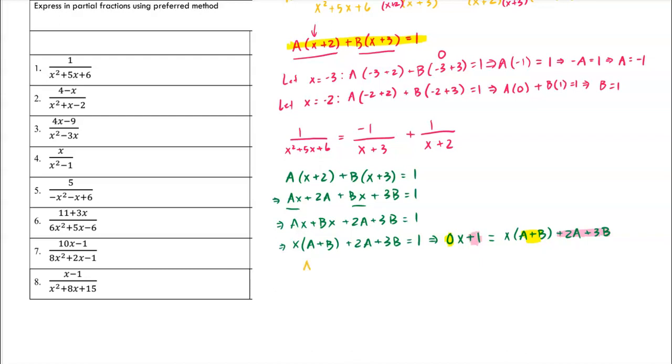So a plus b equals 0 and 2a plus 3b equaling positive 1. That's going to be a equals negative b. Let's substitute that in: 2 times negative b plus 3b equals 1.